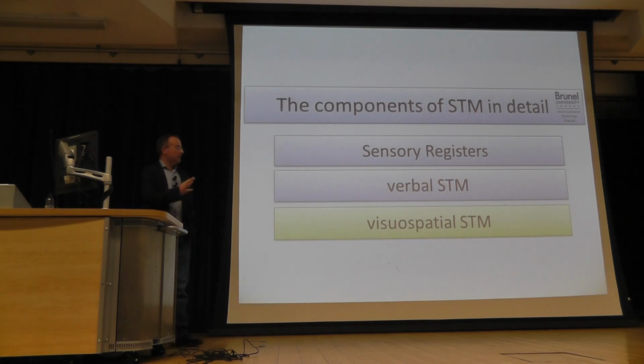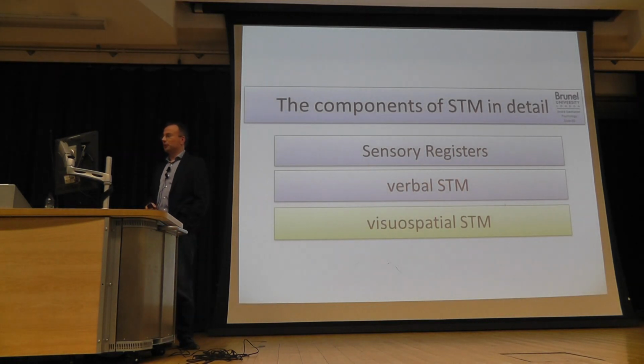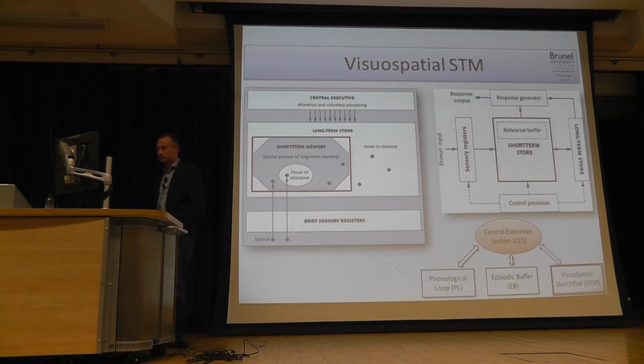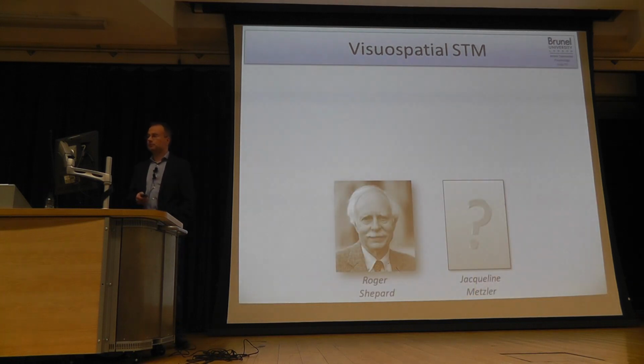Okay, let's get to the last component here, visual spatial memory. And here again we have the same situation as with the verbal memory. We have the visual spatial sketchpad, which is a separate component in the Baddeley model, while it's part of this unitary short-term store in the Atkinson model, and again not really specified in the Cowan model.